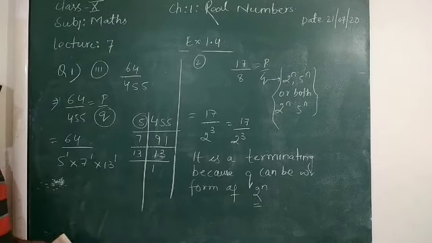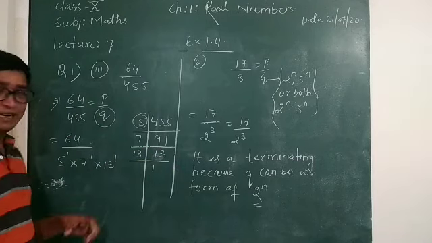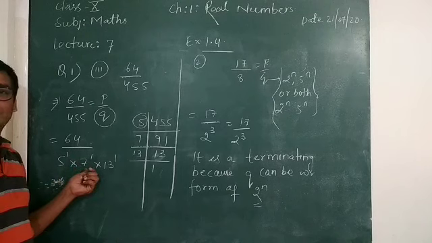So this does not satisfy the condition for a terminating number. A terminating number should only consist of 5 raised to power n and 2 raised to power n.